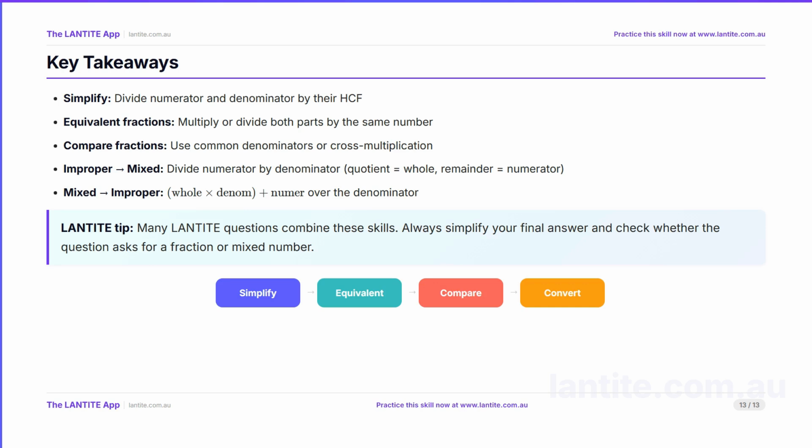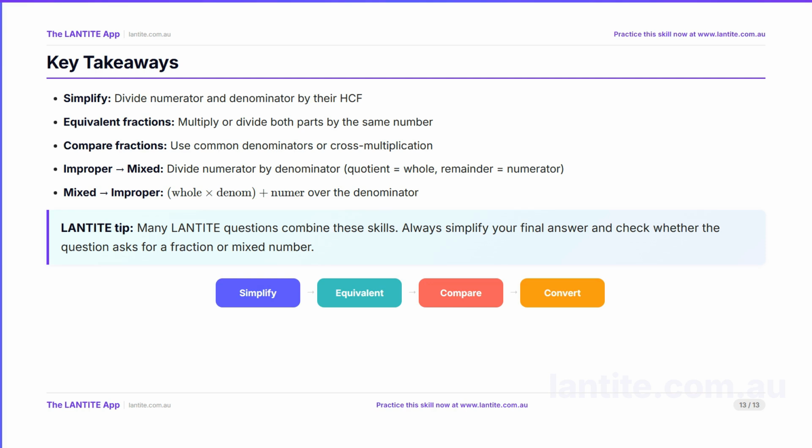Let's recap. To simplify fractions, divide both the numerator and denominator by their highest common factor. To create equivalent fractions, multiply or divide both parts by the same number. To compare fractions, convert them to a common denominator and compare the numerators, or use the cross-multiplication shortcut.